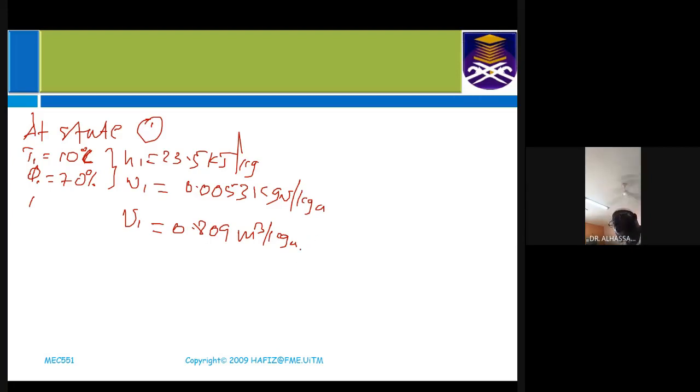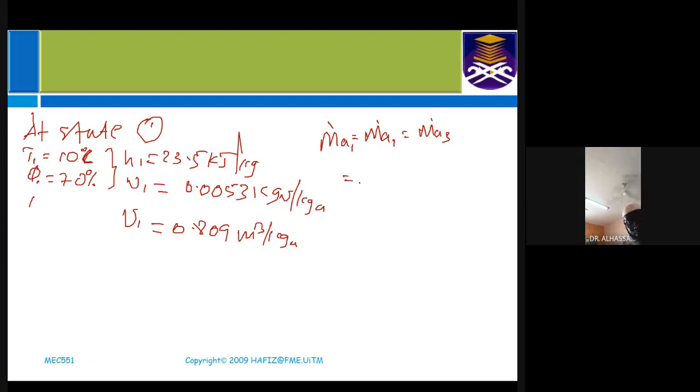Okay, so the mass flow rate at state 1 is the same as the mass flow rate at state 2. That is the mass flow rate of the dry air component. That's what I mean. So we will have a situation like this: mass flow rate of dry air component at state 1 equals MA2 equals MA3.